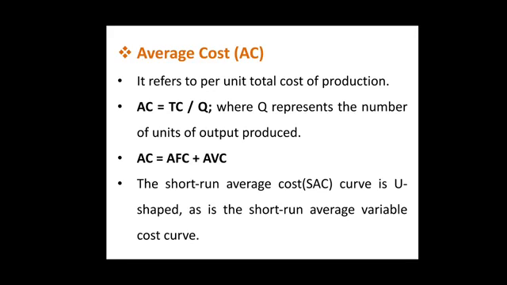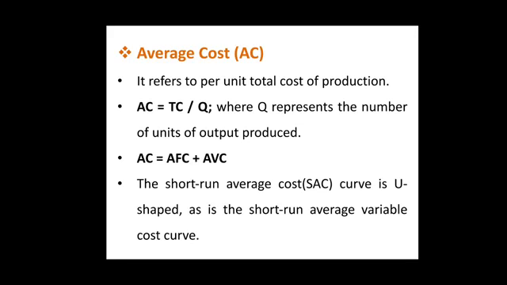Students, average total cost is also equal to the sum total of average fixed cost and average variable cost. That is, AC is equal to AFC, which is average fixed cost, plus AVC, which is average variable cost.